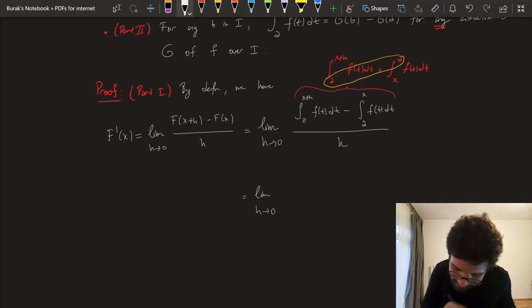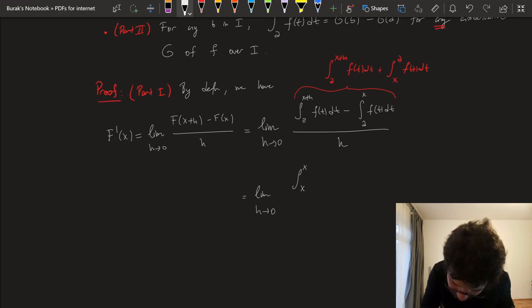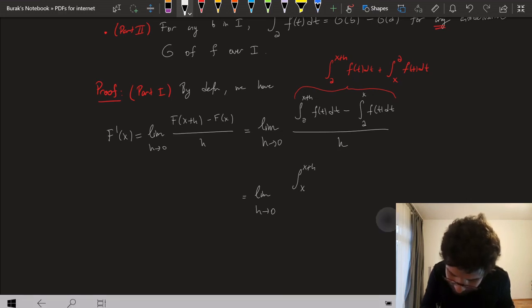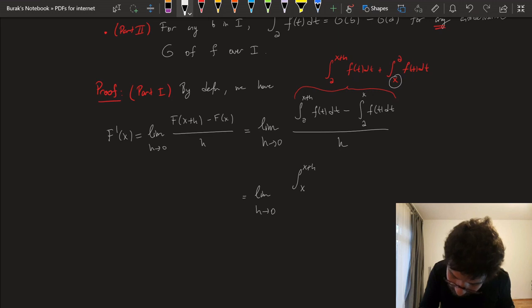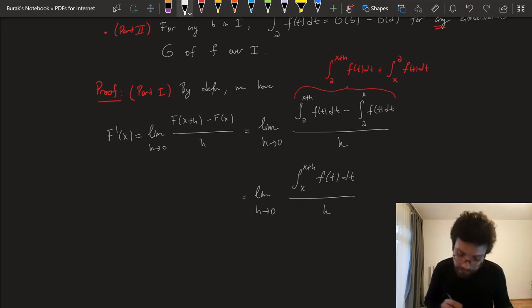So this equals this integral from x to x plus h of f of t dt divided by h.